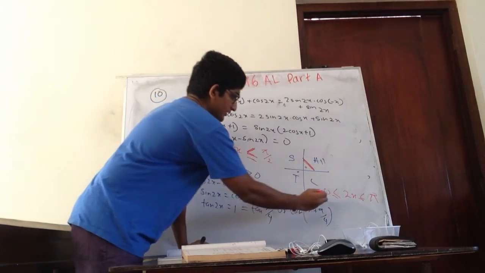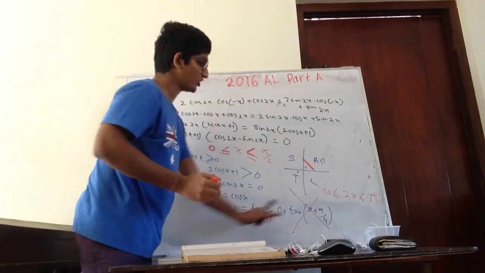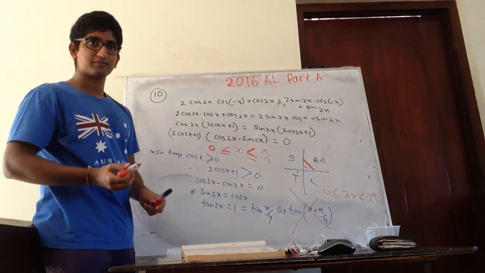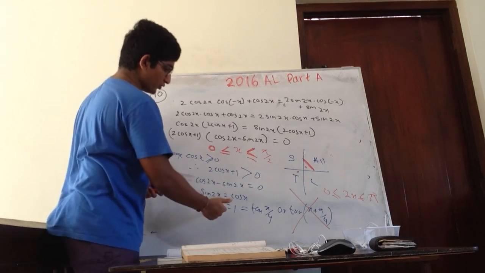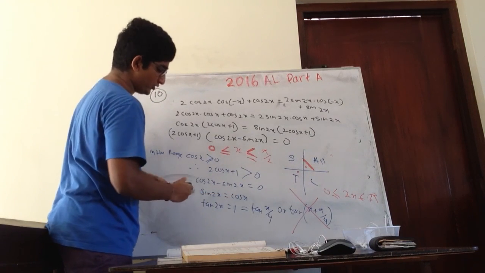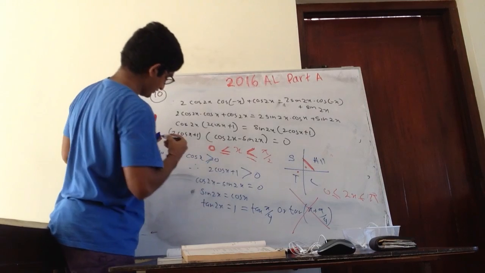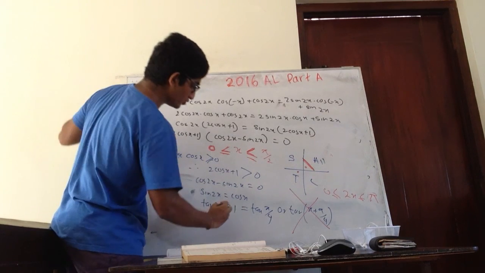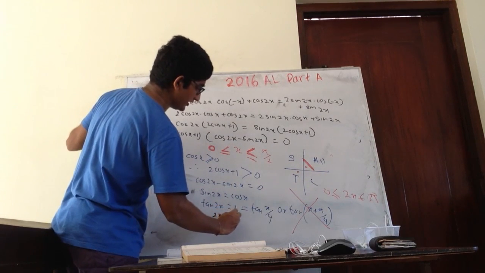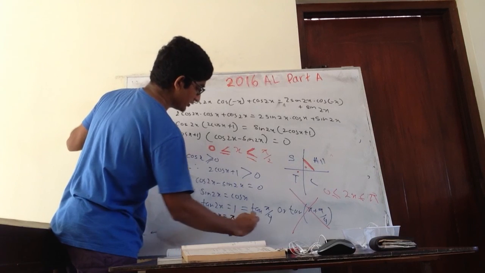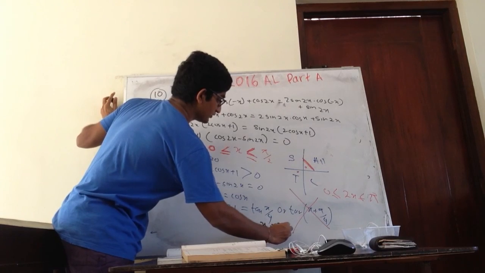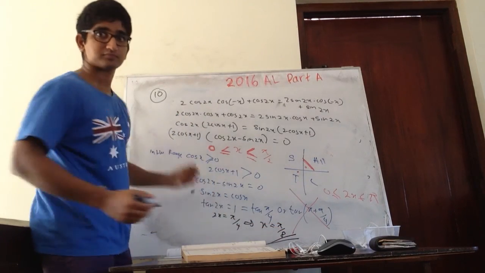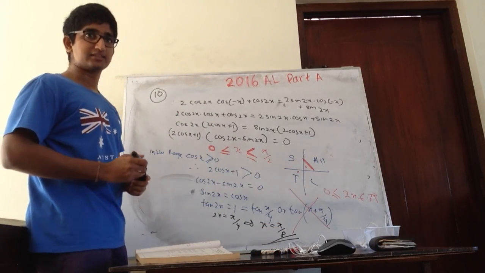Therefore this is rejected, because it is 5π plus something, correct? Therefore 2x will be equal to 5π over 4. That means x is 5π over 8. Is this clear?